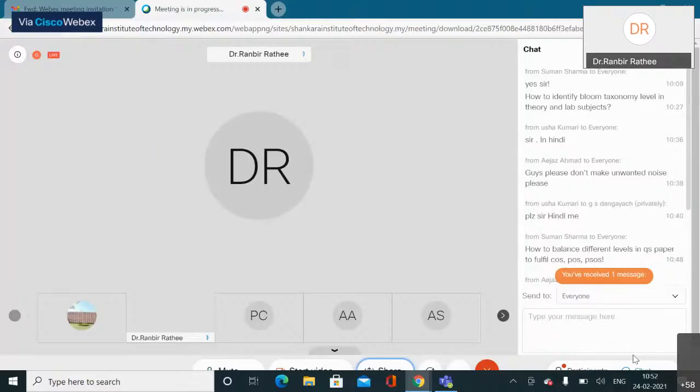Yes, synthesis is very important. You can say, construct a particular model of any object, or write an algorithm for a particular program. Such questions are synthesis.